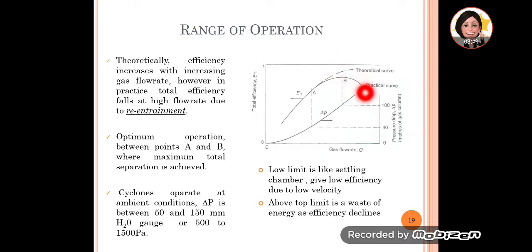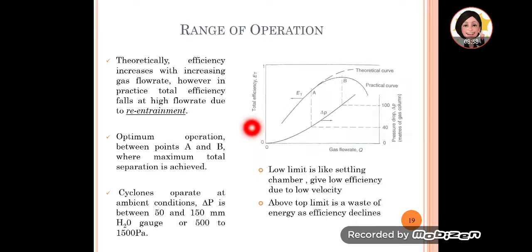But beyond this point, re-entrainment means the solids get carried away with the gas that is leaving the cyclone, because the flow rate is too high, so there's high turbulence, so the particles get enough energy to leave with the gas that is leaving the cyclone.